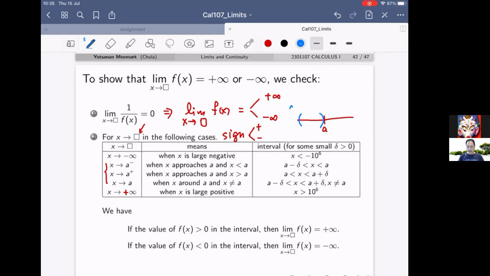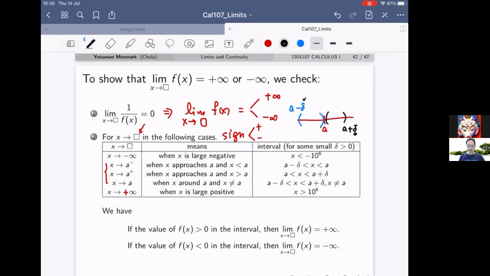So it's just a little bit away on the left of a, not too far away. And for the right hand side, you just go to the right hand side of a, again a little bit away on the right of a, and this delta and that delta may not be the same number. It depends on the function.